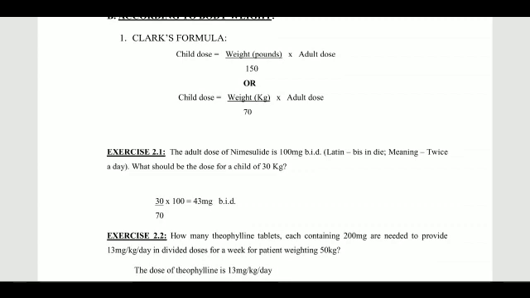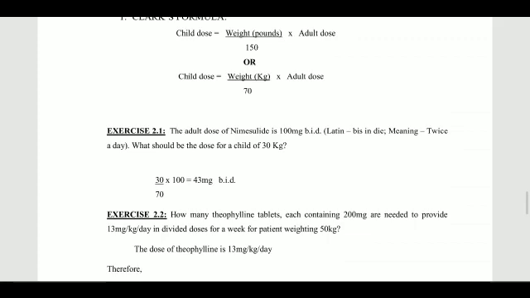Weight in kilograms is 30 and adult dose is 100. Substituting these values, 30 by 70 into 100 is equal to 43 mg taken twice a day. BID means twice in a day.